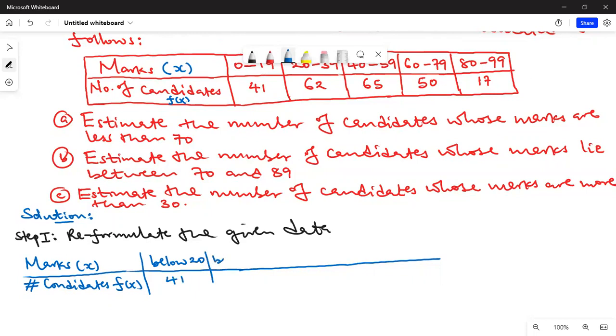Those who scored below 40 is 41 plus 62, and that should give you 103. Those who scored below 60, from the 40 to 59 column, is 41 plus 62 plus 65, and that should give us 168.